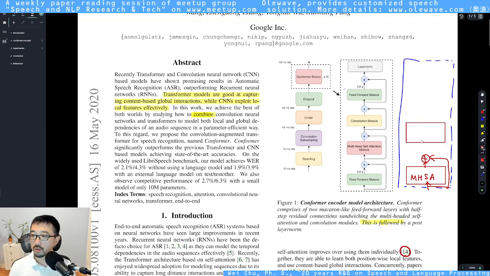they use a feed-forward module, which takes the multi-head self-attention module's output, and they follow the ResNet connection.